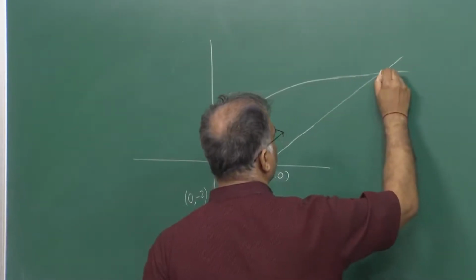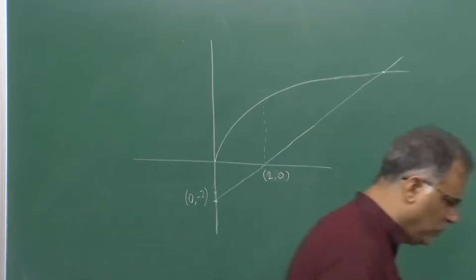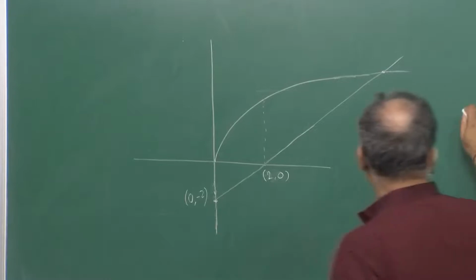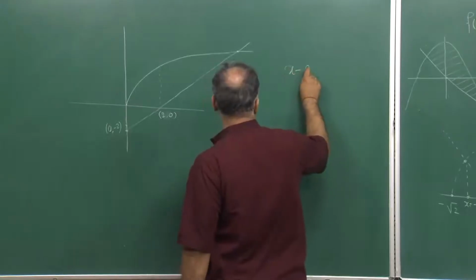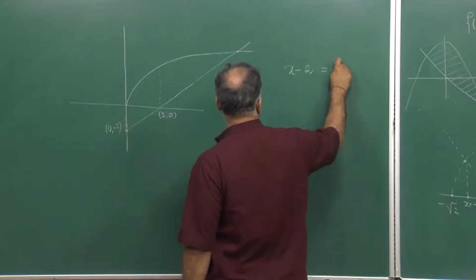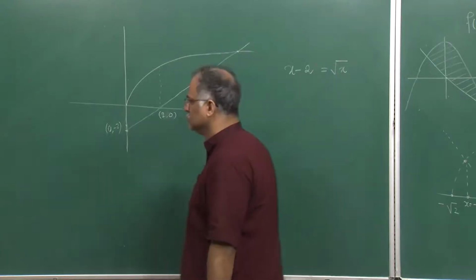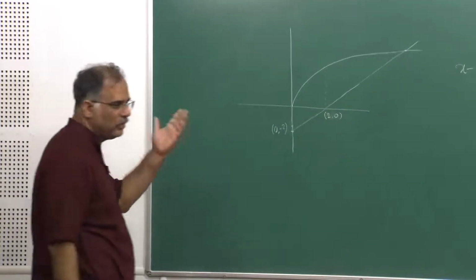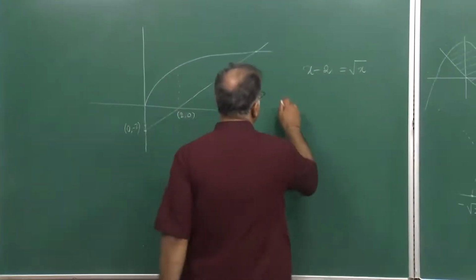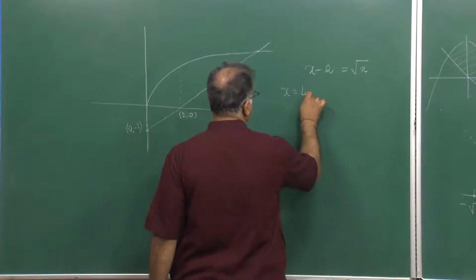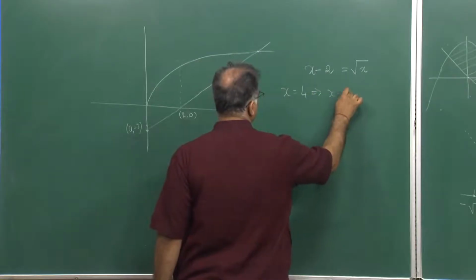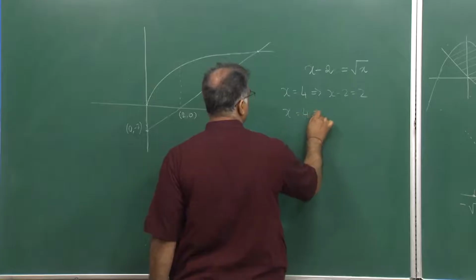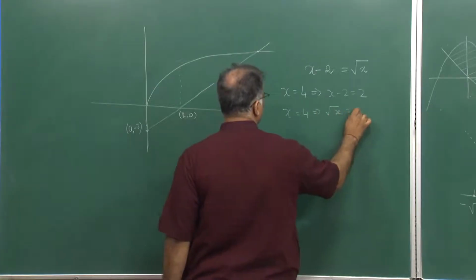Where does it intersect? Where does this line y equal to x minus 2 intersect the curve? So, when is x minus 2 equal to root of x? What is that value of x? Answer is very simple, you do not have to solve it, it is 4, because if you have x equal to 4, then x minus 2 is 2, and root x is also equal to 2.